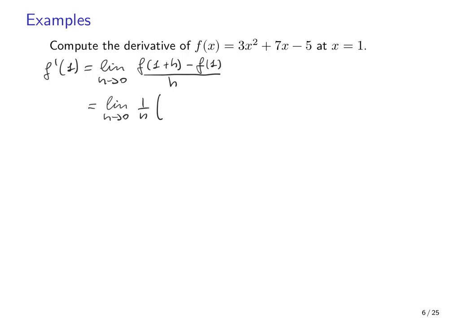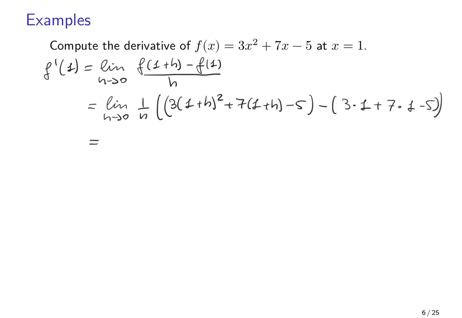Now let's work out what f of 1 plus h is. So that's 3 times (1 plus h) squared plus 7 times (1 plus h) minus 5. And then we have to subtract f of 1. So that is 3 times 1 plus 7 times 1 minus 5.